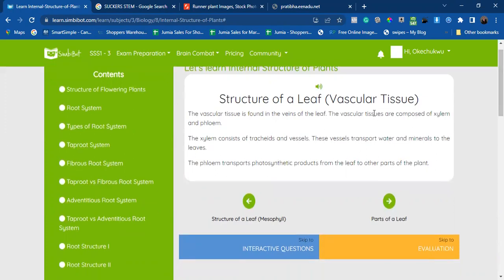So the vascular tissues are found in the veins of the leaf, namely the xylem and the phloem. Anytime you hear about the xylem and phloem, just know that they are transport tissues.